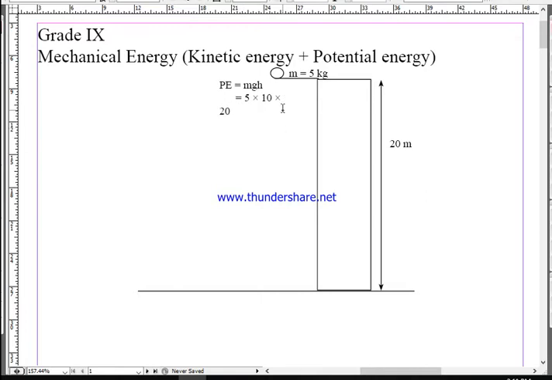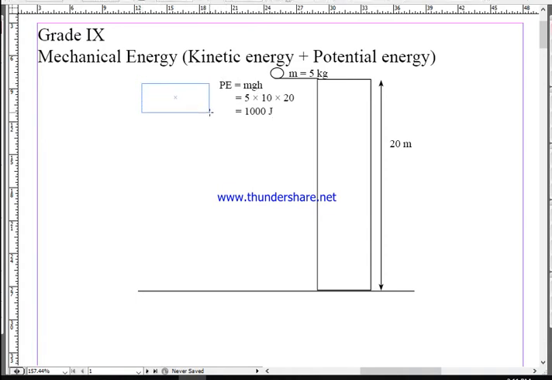So what is its potential energy at this height? Let me calculate it: 5 times 10 times 20 is 1000 joule. The ball at this height has a potential energy of 1000 joule.